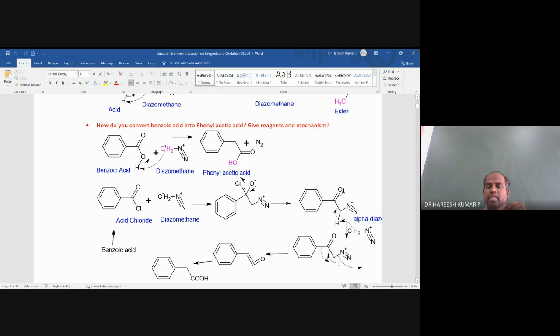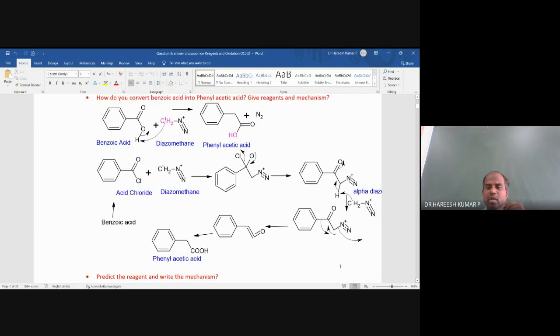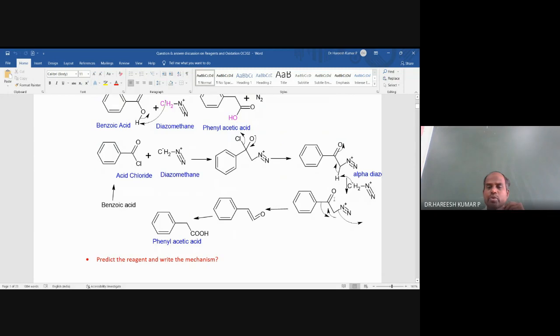This is a concerted reaction because there is an involvement of a 6 electron system: this anion is 2 electron, and the two bonded pairs are 2 electron each. There will be a conversion of alpha diazoketone into ketene. Ketene is a widely used intermediate. This ketene on addition of water gets converted into phenyl acetic acid.